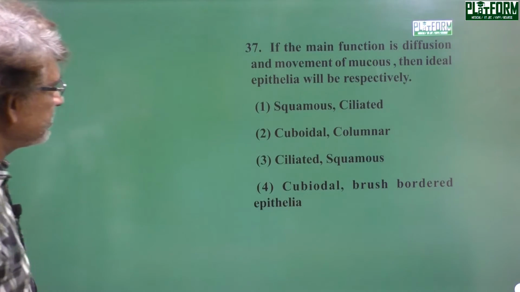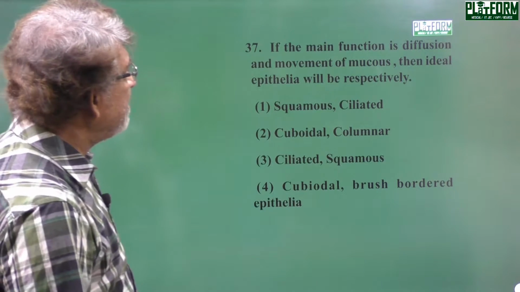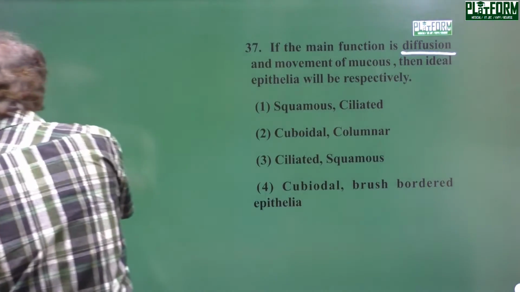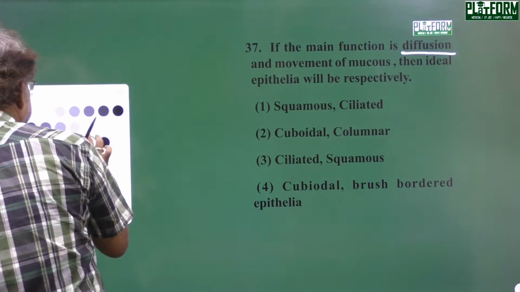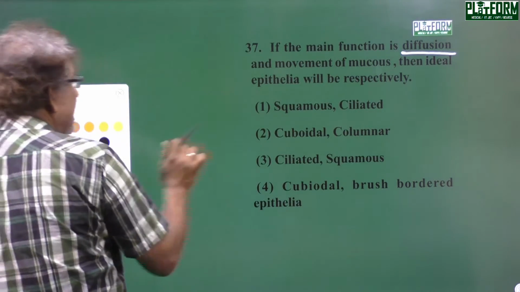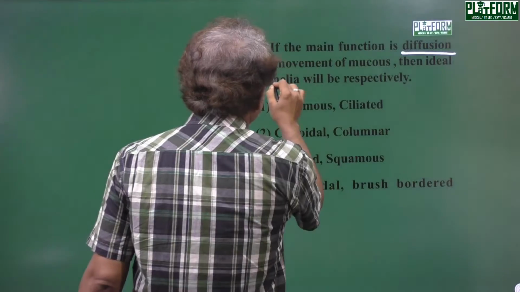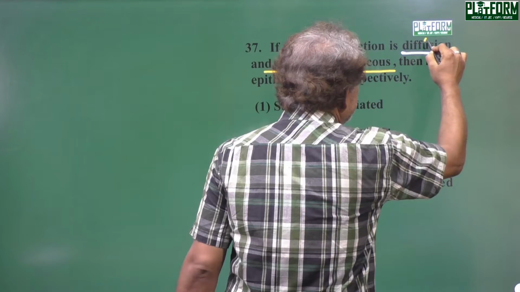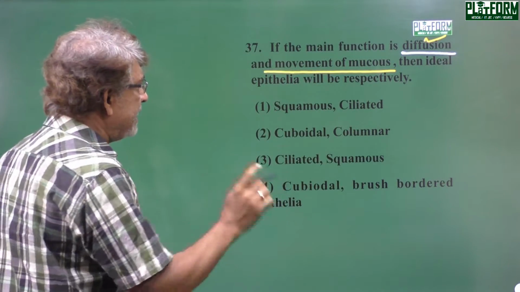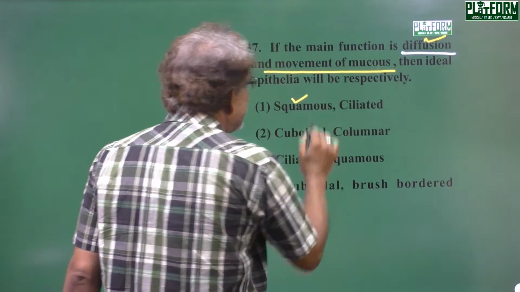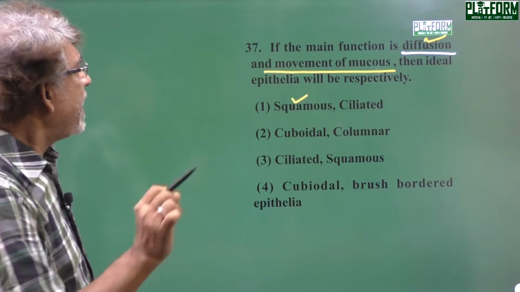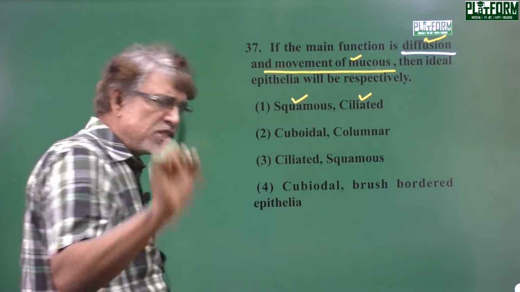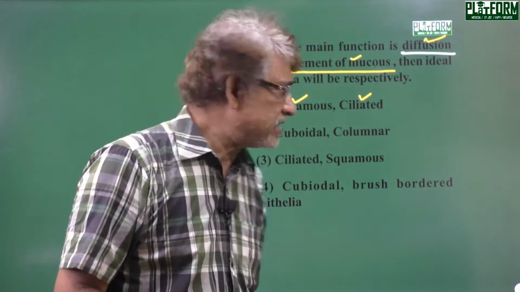Next question. If the main function is diffusion and movement of mucus. If diffusion is the main function, then squamous is the correct cell, and movement of mucus means cilia must be present over the cell surface.